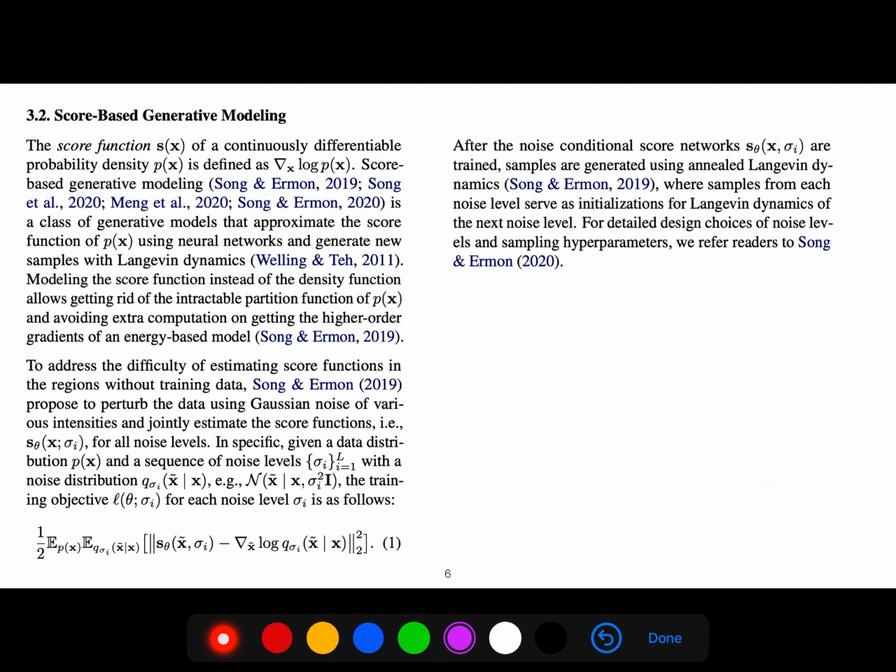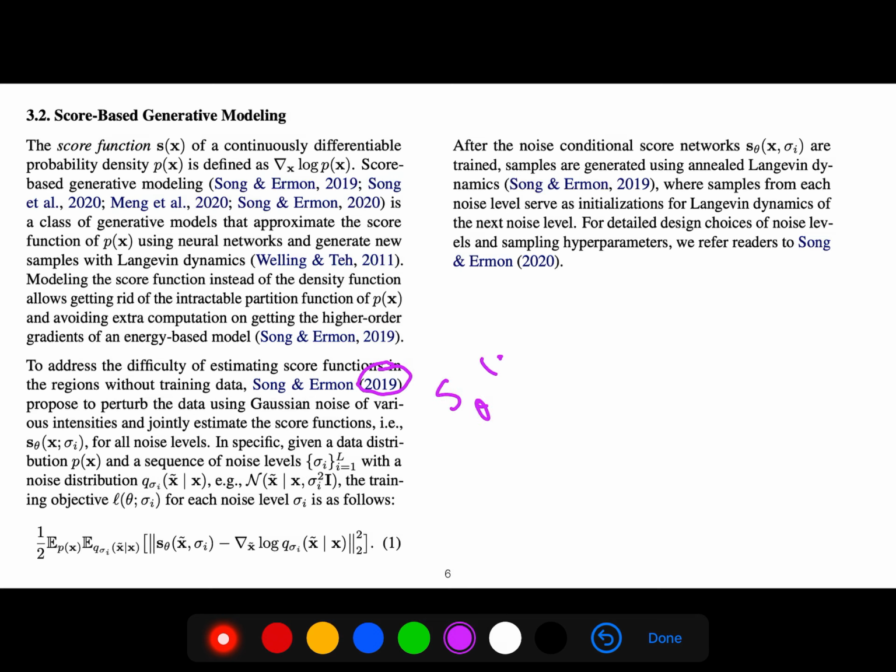So the score function of a continuously differentiable probability is the gradient of log p. To address the difficulty of estimating score functions in the regions without training data, Song, in 2019, Professor Ermon proposed to perturb the data using Gaussian noise of various intensities and jointly estimate the score functions for all noise levels.